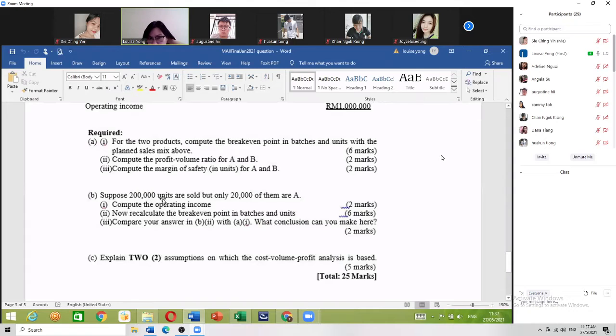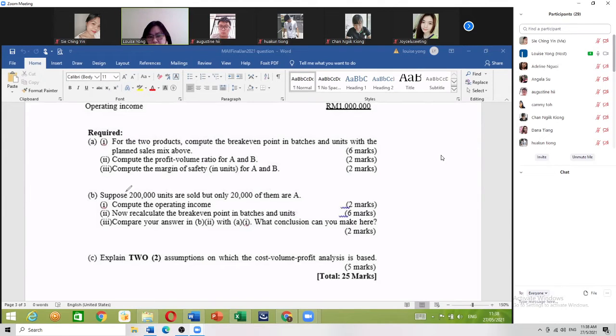Part B, suppose that 200,000 units here, but now only 20,000 of them are A. So 20,000是卖 A 啊, so the remaining 180,000是卖 B 咯. Means that they'll change their sales mix already.